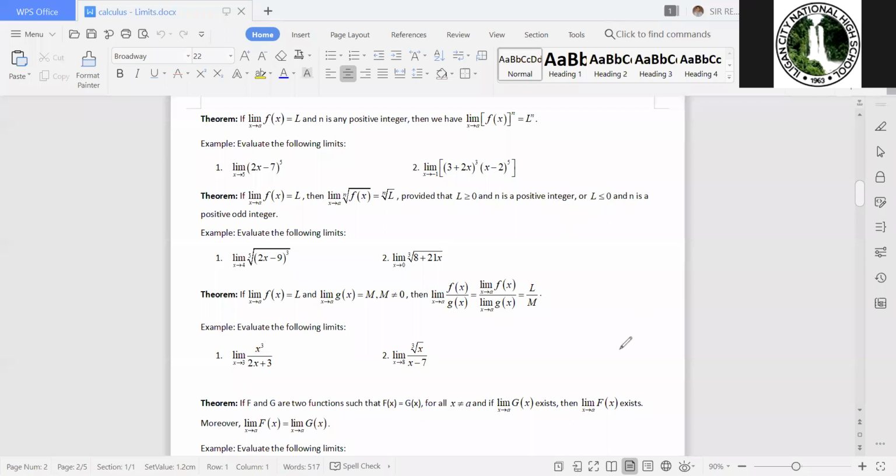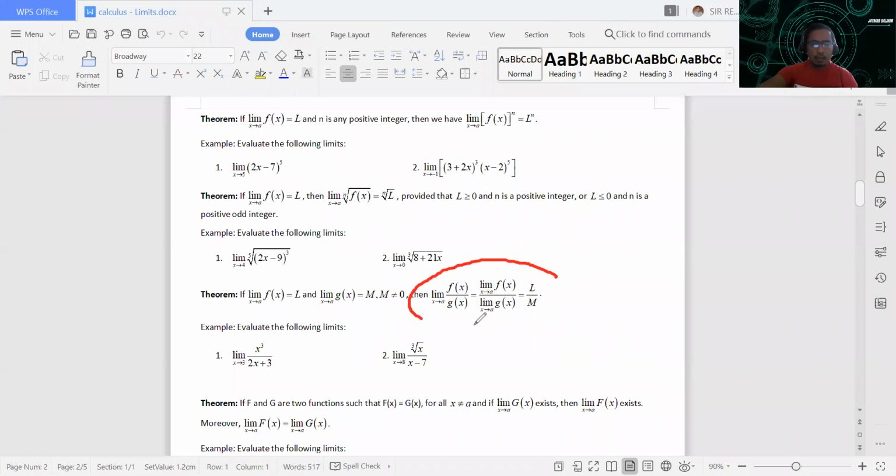Okay, now for the quotient, if this is L and this is M, provided that M should not be equal to 0. Again, M should not be equal to 0 because if M is 0, there are conditions you need to consider. Either your limit does not exist, or your limit might be infinity.